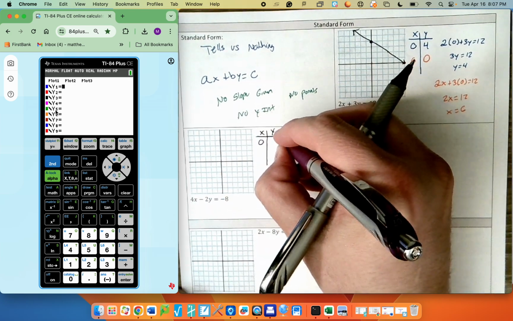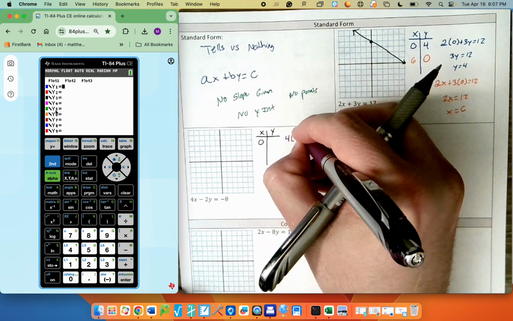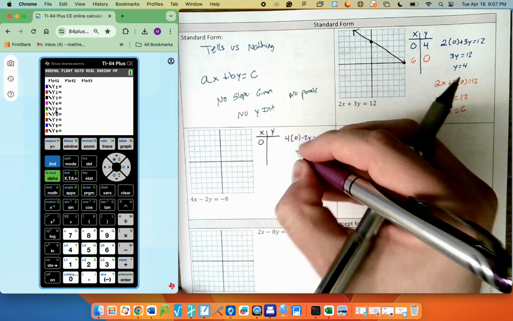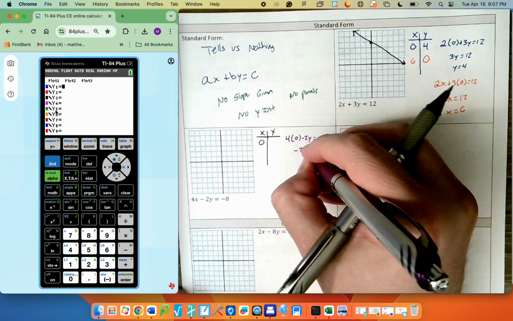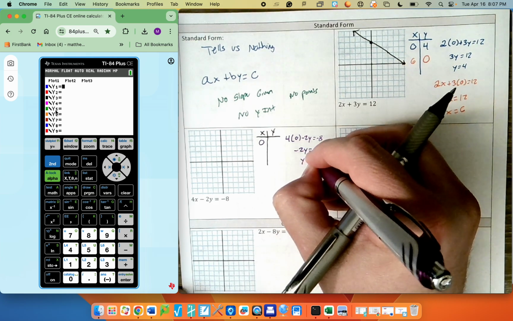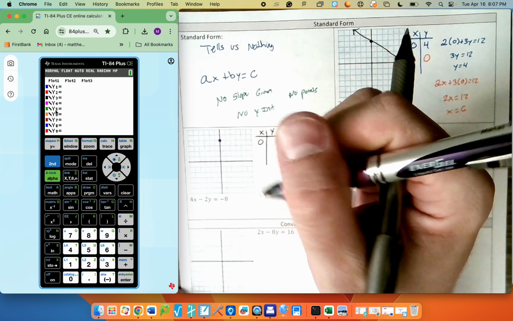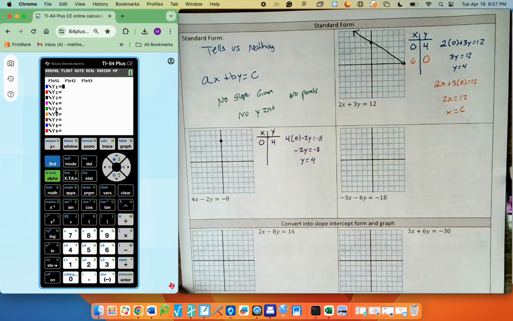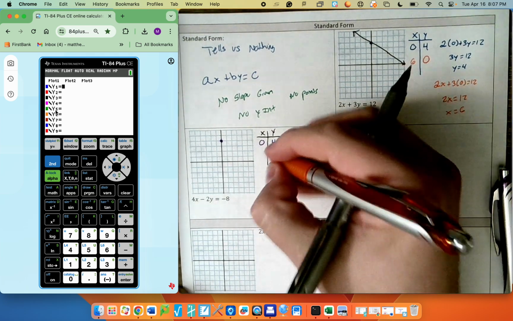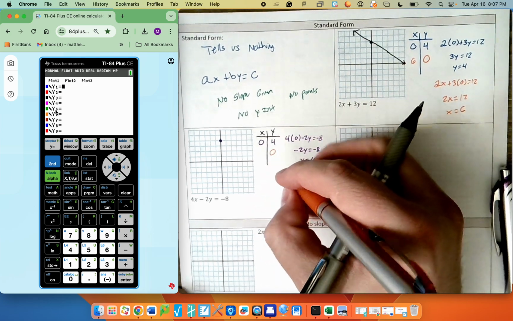0 goes in for x. We then just solve this equation real quick. We got negative 2y equals negative 8, so y is 4 again. That's neat. Then we plug 0 in for y because we can.